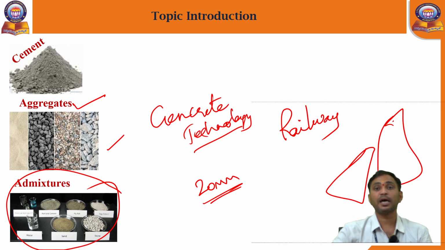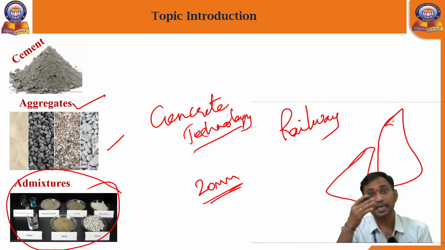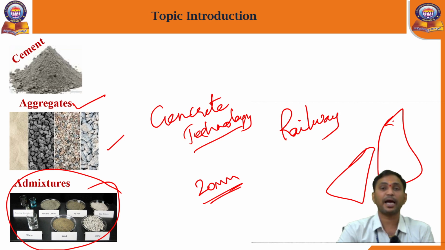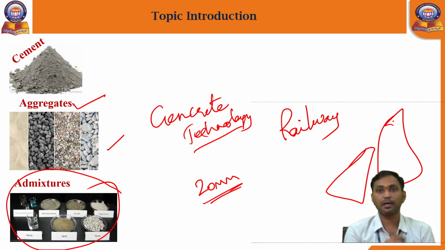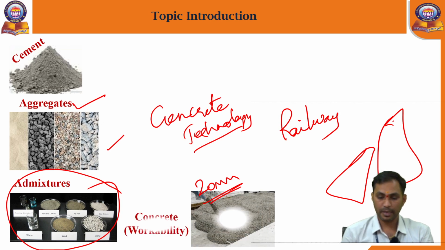In this admixtures lecture, we will discuss what types of admixtures are available nearby, whether it is an artificial admixture or a natural admixture, a mineral admixture or a chemical admixture, or liquid admixtures. What are the different types of admixtures, and in which area are we going to replace them? We will discuss that.